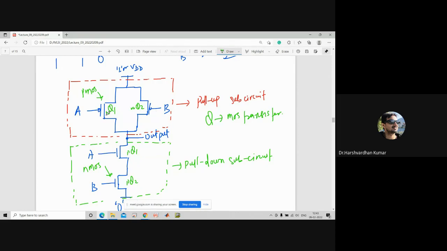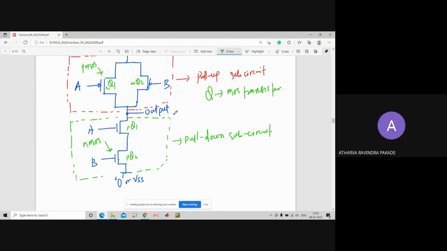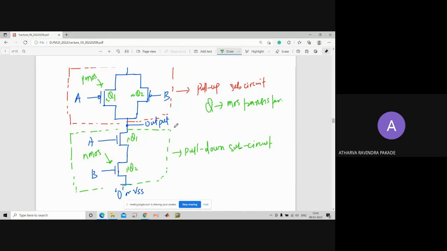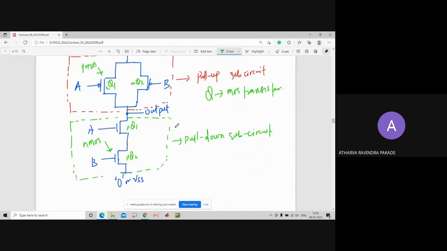What will happen if the signals A and B both are 1, 1? Then the upper pull up part will be in the off state. In that case, since both the inputs are at logic 1, this pull down sub circuit will act as a wire, as we have seen in the case of the inverter circuit.